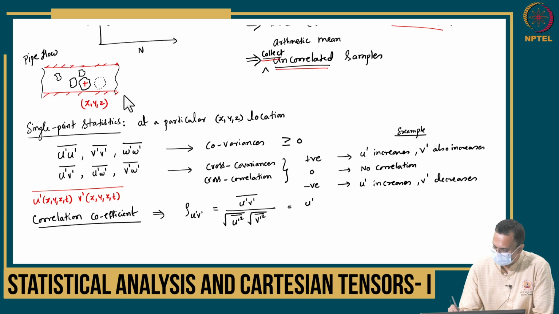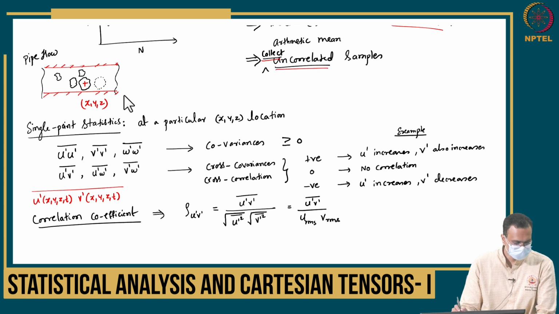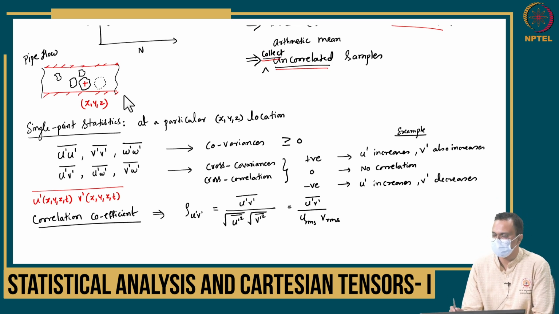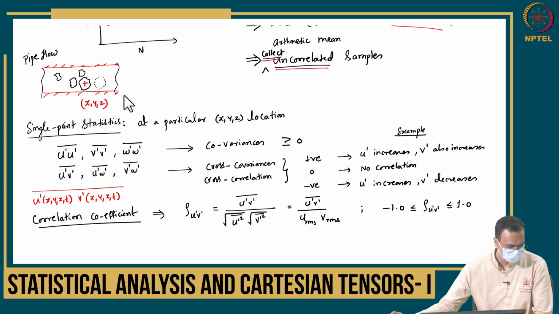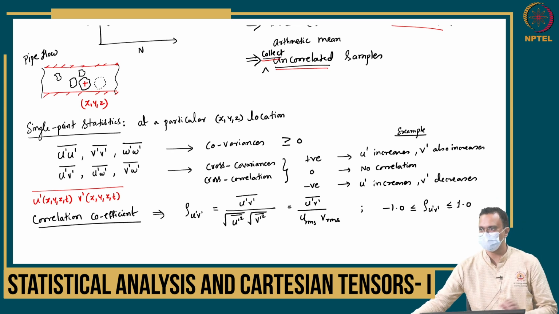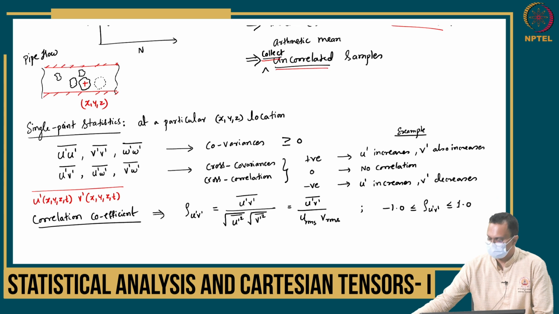Or you can write this as u prime v prime bar over URMS VRMS. This value of course will take only values from 1 to minus 1. This is the correlation coefficient we are looking at. The correlation coefficient will go from positive correlation to anti-correlation.